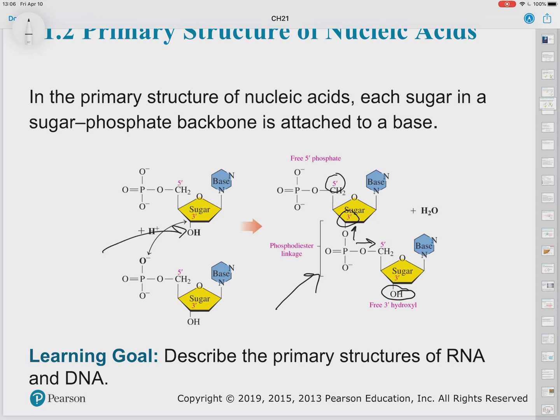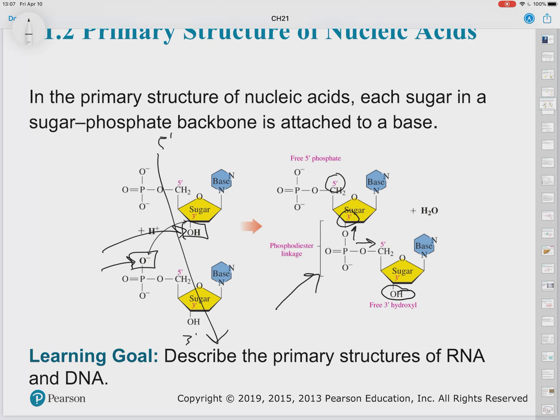Okay, so the way that it grows, remember, we've got the 3' end and the 5' side of the incoming nucleotide. So we're going to grow from 5' to 3'. Sometimes there's a lot of confusion around the directionality of certain strands and which ones can go what direction.